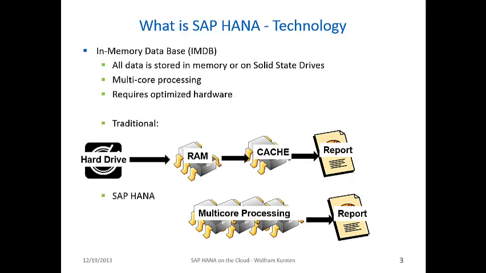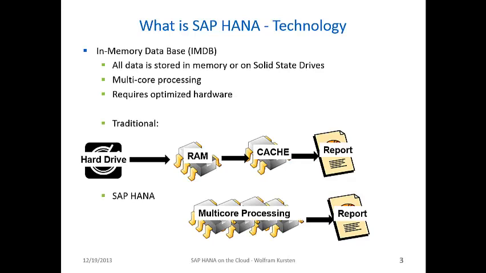So let's just look at what traditionally happens. Typically what happens is you have a hard drive, a physical hard drive. This is where all the data is stored. And if you want to actually produce a report, the report needs to call the data from the hard drive. This goes into RAM, then it goes into some sort of cache, and then eventually it lands up in the actual report that's being produced.